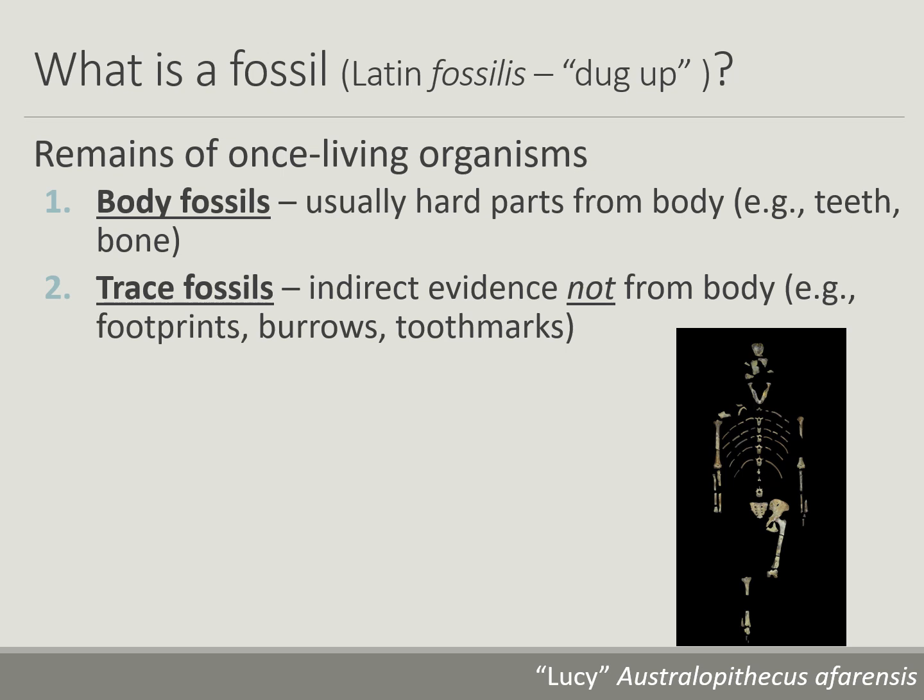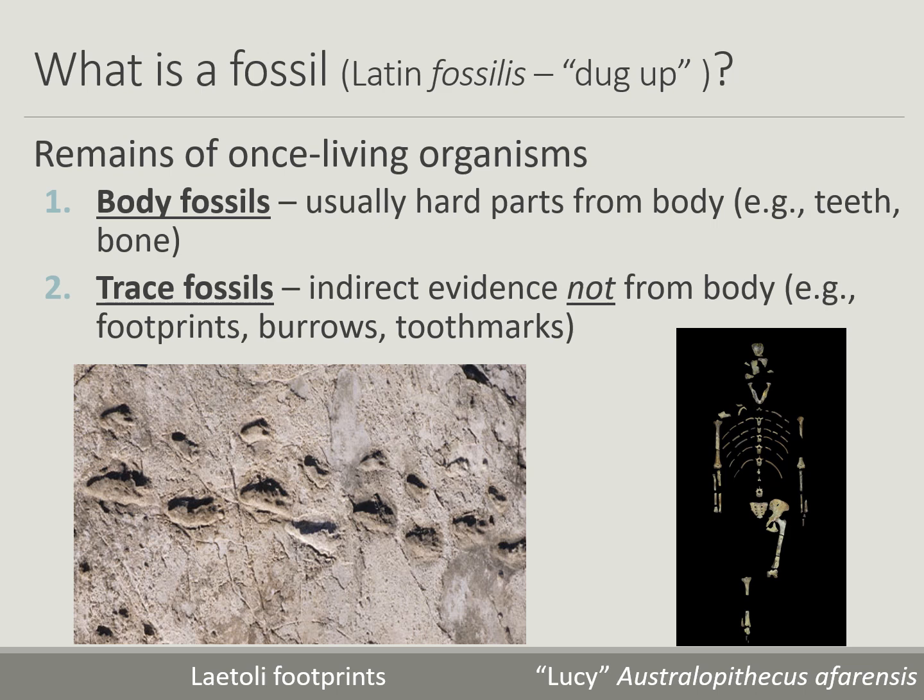Again, indirect evidence not from the body. These include footprints, fossil burrows, and tooth marks. Again, if you took ANTH 120, you probably encountered the classic Laetoli footprints in Tanzania, presumably made by Australopithecus afarensis, so the same species as Lucy.